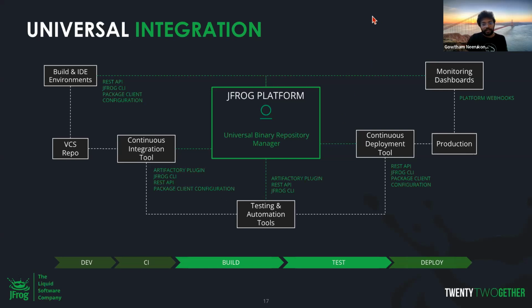So similarly, in your entire CI/CD workflow, your developers' build IDE systems might be pulling in multiple dependencies during the local build process or during the CI build process. Every time there's a request for a certain package, the given binary repository manager, like JFrog Artifactory, can serve it to your organization.